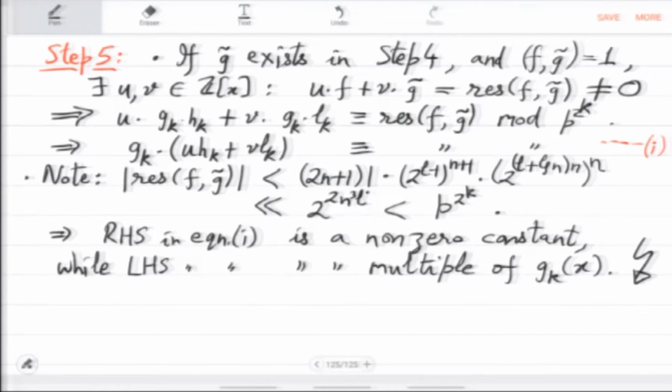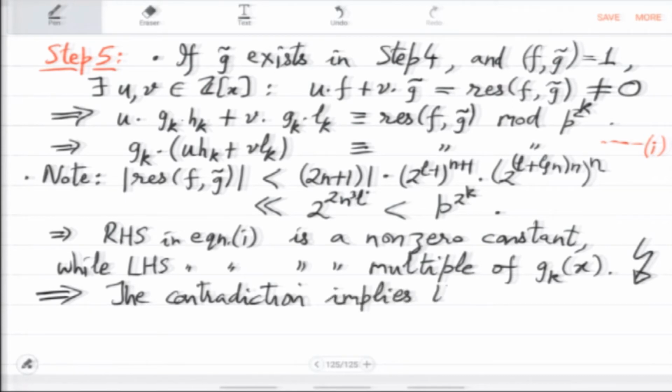So that is the contradiction between LHS and RHS. Okay, so that gives you the contradiction, and the contradiction implies that step 5 factors F if G tilde exists.